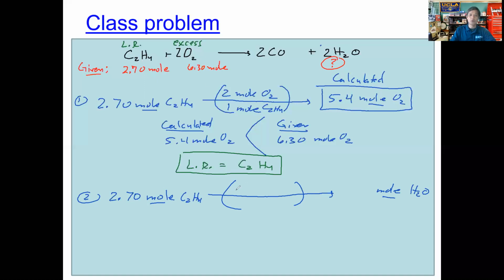So it's 2 moles of water and 1 mole of C2H4. If you plug that in, you'll get your final answer as 5.40 moles of water, and that's how much water we expect to form.